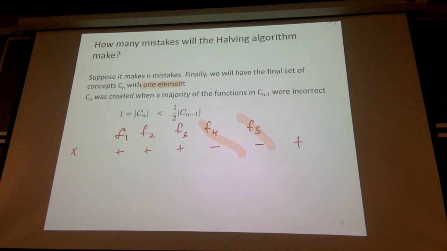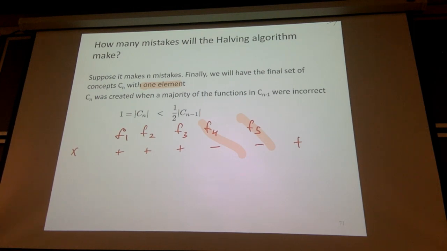Where you can do this, and analysis becomes a little bit more tricky because you're not guaranteed that every update will shrink the set by at least half. Because when you don't make a mistake, you shrink the set by less than half, and then some worst case bounds become a little bit uglier.